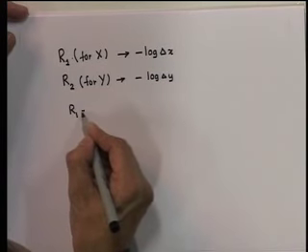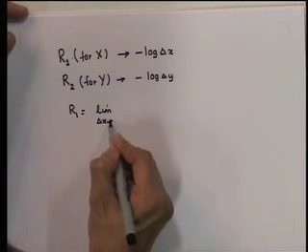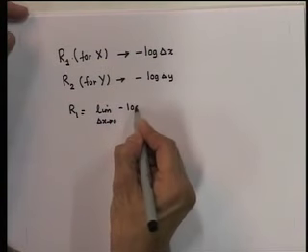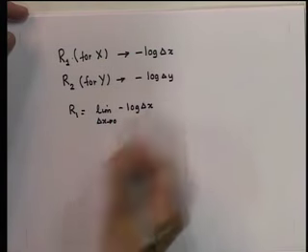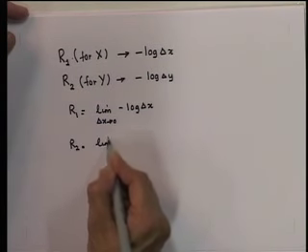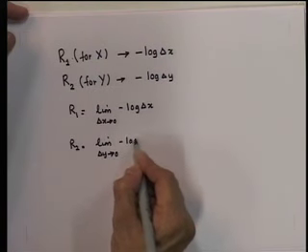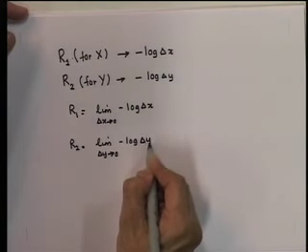So, R 1 is equal to limit delta x tending to 0 of minus log delta x, and R 2 is equal to limit delta y tending to 0 of minus log delta y.